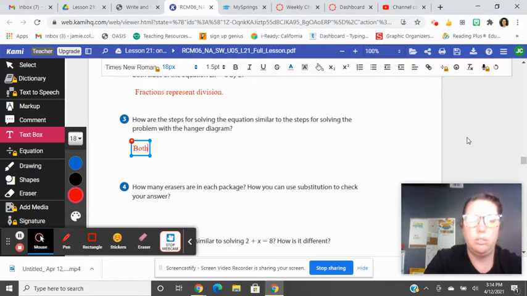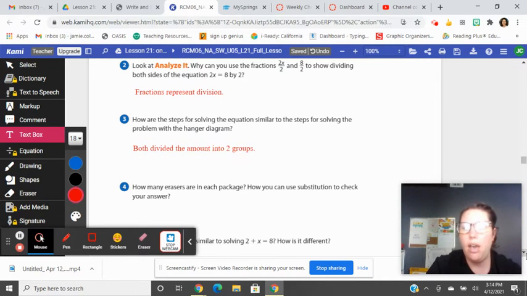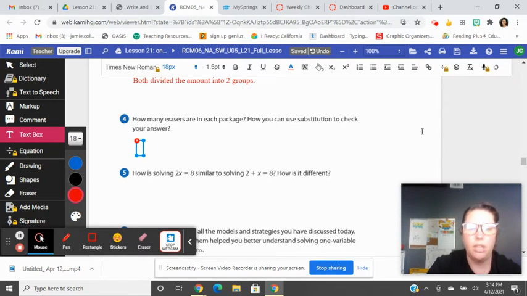Both divided the amount into 2 groups. There we go. So how many erasers are in each package? There are 4 erasers in each package.